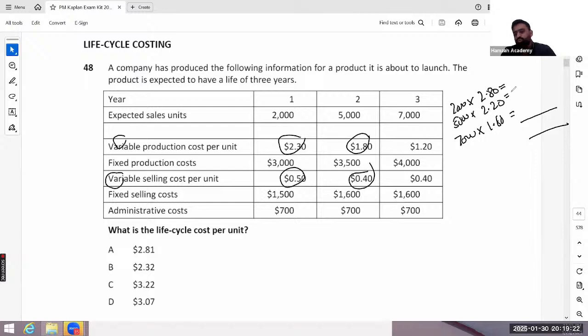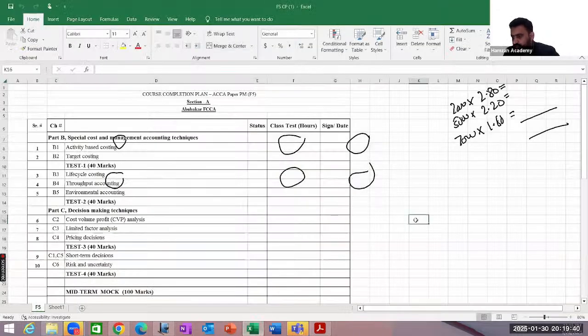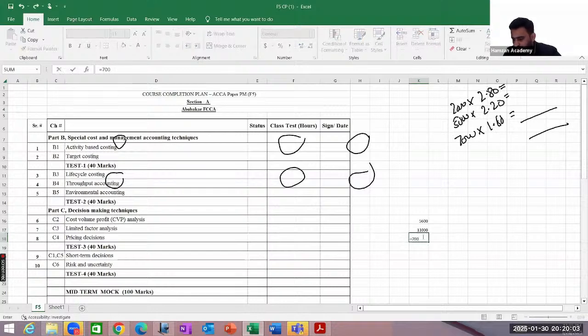Yes, students, 2,000 into 2.80, and then 7,000 into 1.60.